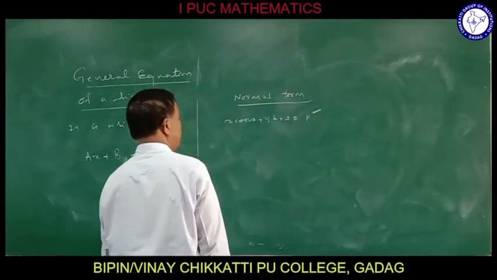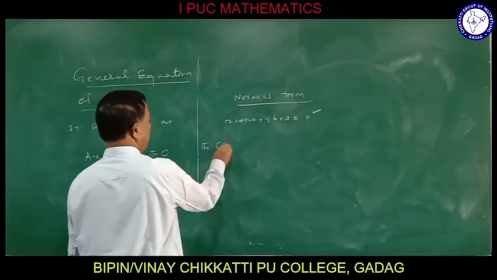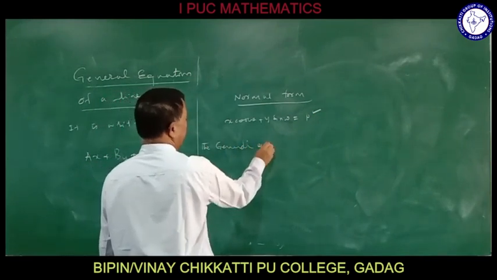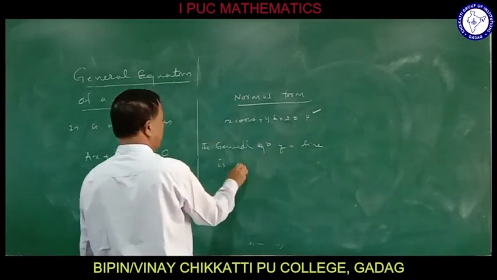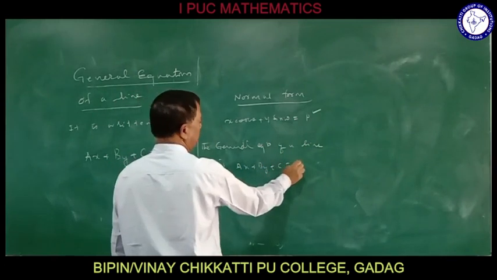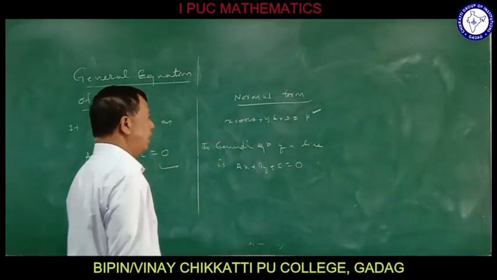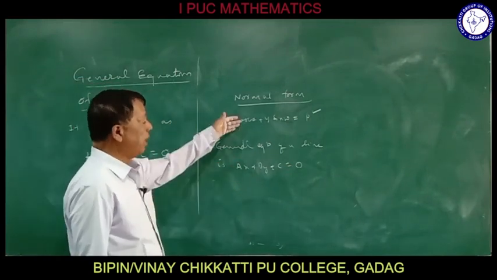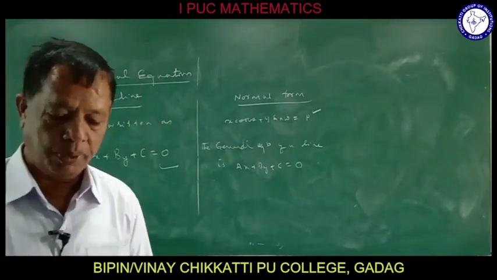And now here I have to tell that the general equation of a line, I already told you, is ax plus by plus c is equal to 0. Look here, this general form is reduced to the normal form, and here I am explaining how it should be reduced.